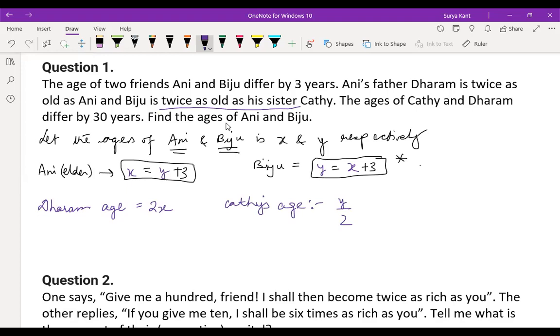Is it clear, children? Yes, sir. Now here we got to know that Dharam is older than Kathy, right? Dharam's age is 2X, Kathy's age is Y by 2.